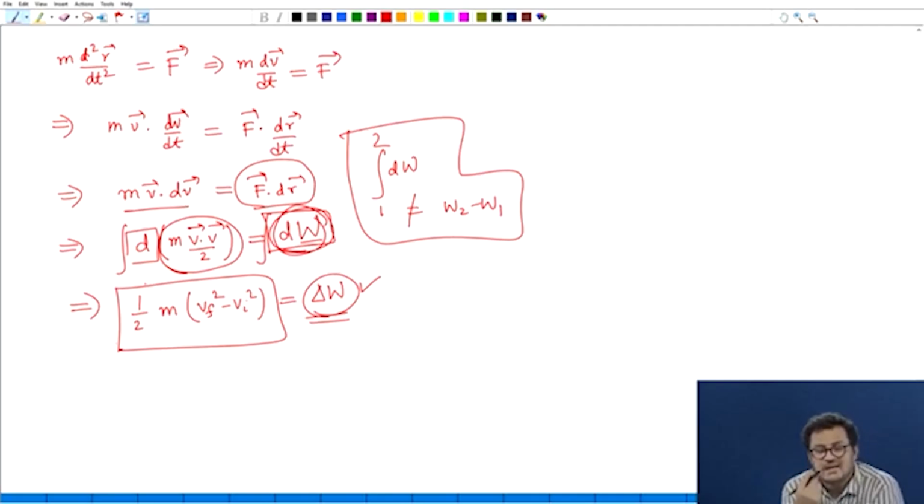So, kinetic energy in a sense can be thought to be a source of work. And if you see this philosophically, it simply says that kinetic energy and work can be converted from one to the other. And this is the famous Work-Energy theorem in classical mechanics.